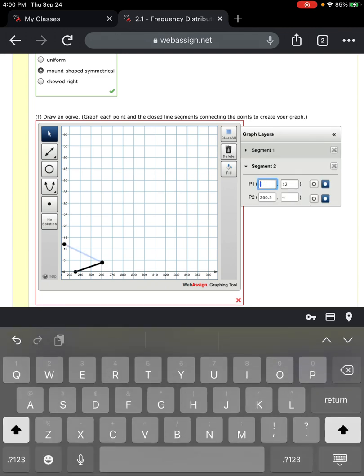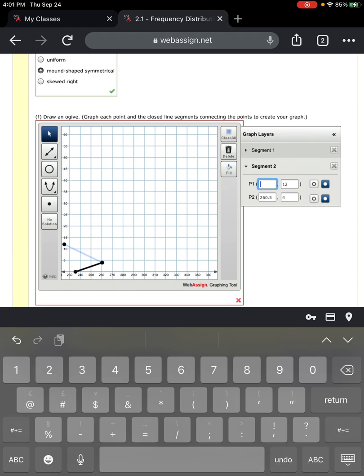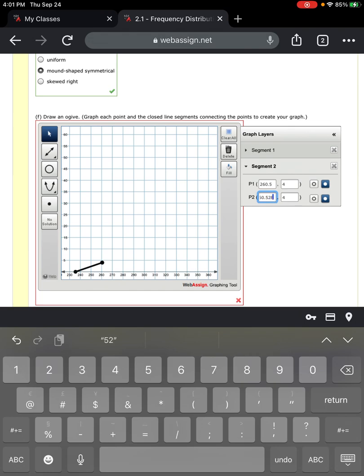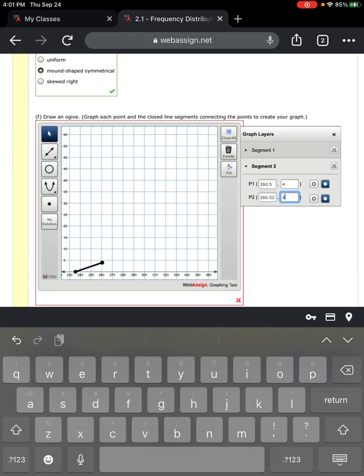Okay. So we left off at 260.5 and a cumulative frequency of 4. We want this to end at 285.5. And the next cumulative frequency was 13.